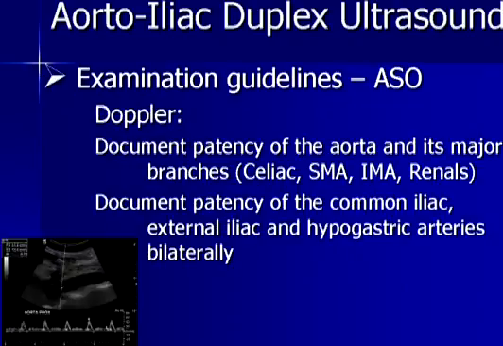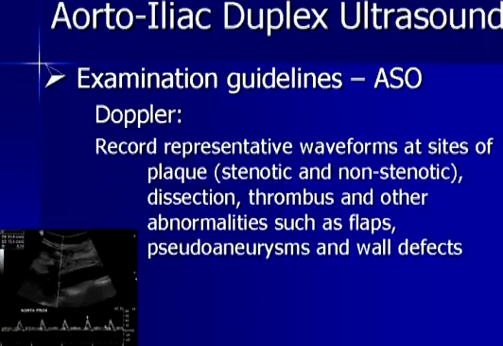Doppler will be used to document patency of the important vessels, not only the aorta and the iliac arteries, but some of the major branches such as the celiac trunk, the superior mesenteric artery, the inferior mesenteric artery, and the renal arteries bilaterally. Certainly you want to document the common iliac, external iliac, and internal iliac arteries as well.